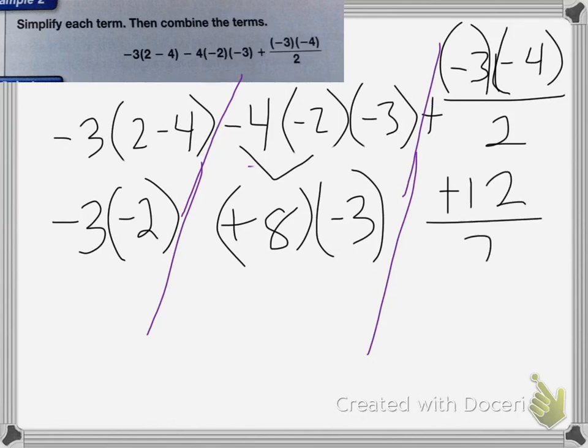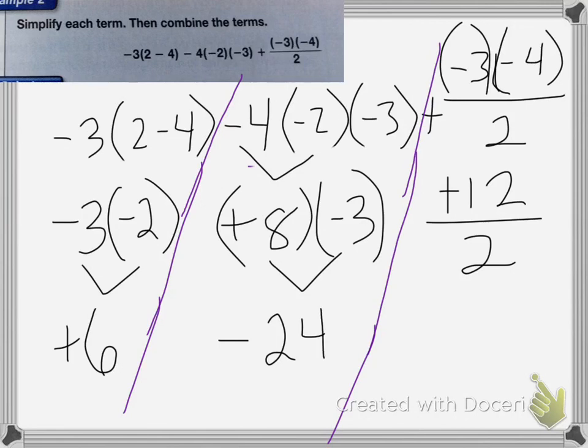I'm going to divide that by 2. So we're going to simplify it more. Negative 3 times negative 2 is equal to a positive 6. Positive 8 times a negative 3 equals a negative 24. And positive 12 divided by positive 2 equals a positive 6.